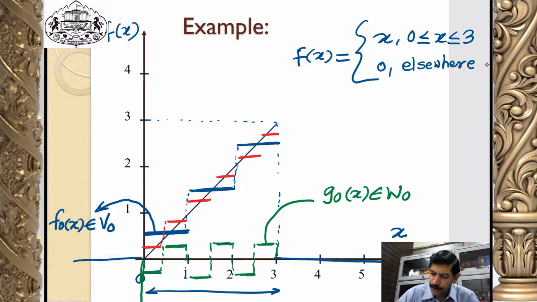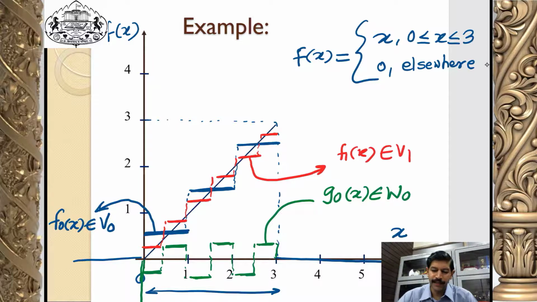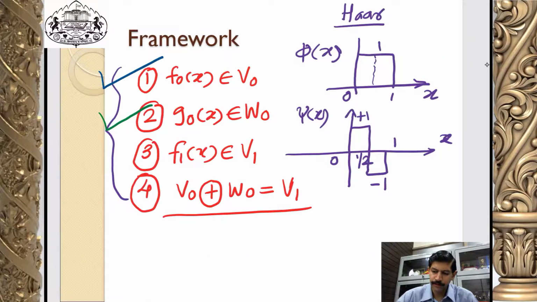So you can clearly see this trend over here. And so this red representation is f1 of x, which belongs to v1. And if we revisit our objectives, you will realize that we have achieved our objective number 3. So the third objective is also achieved.